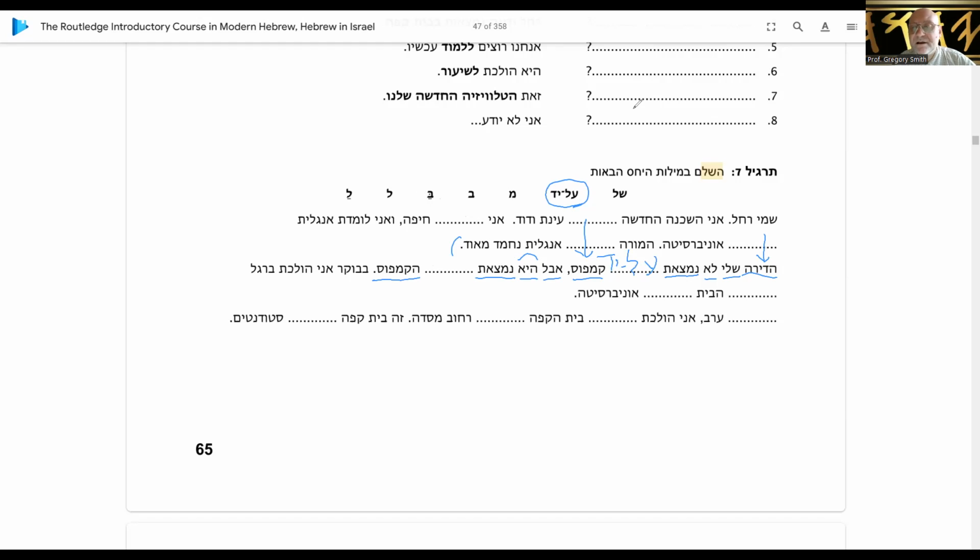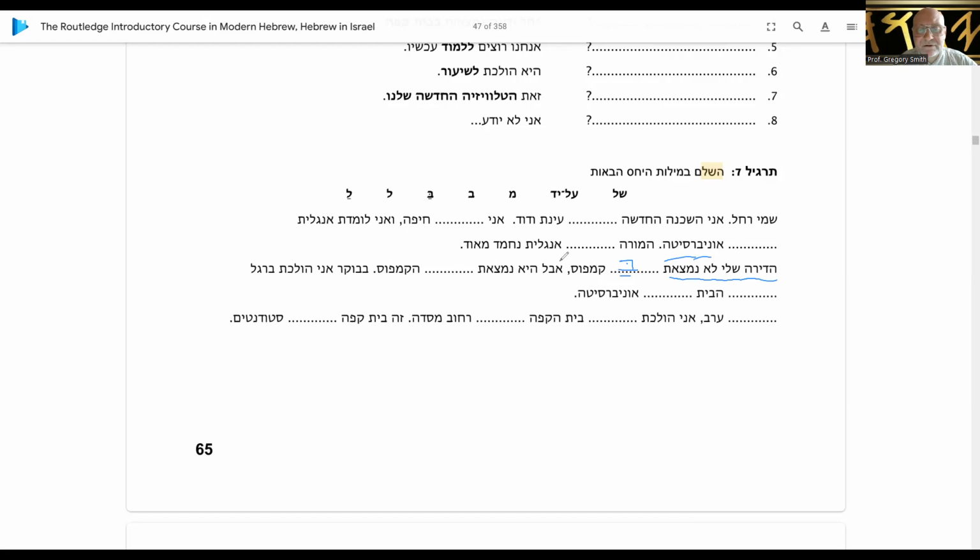Okay, let's take a look at this again. Hadira Shali lo nimsa et. So my apartment is not located. Oh, I bet you it's going to be ba campus, on the campus, or it could just be ba campus, in campus. I'm going to say on the campus. Okay, how about that?